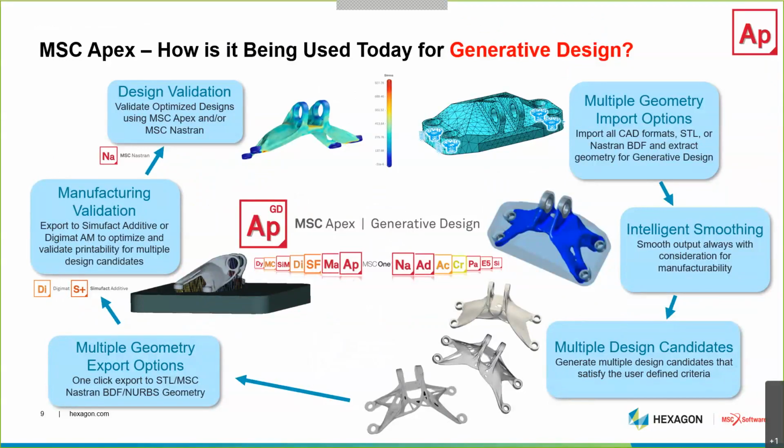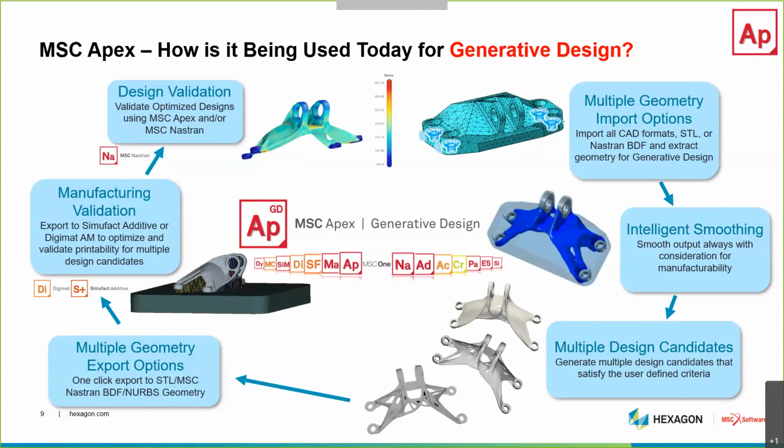Now, people are using Apex also for generative design. Now, what is generative design? Well, we have a whole webinar that explains that previously. So if you haven't seen it yet, go back to our website, mscapex.com, or straight on our homepage, you can navigate to the Apex side and watch that.